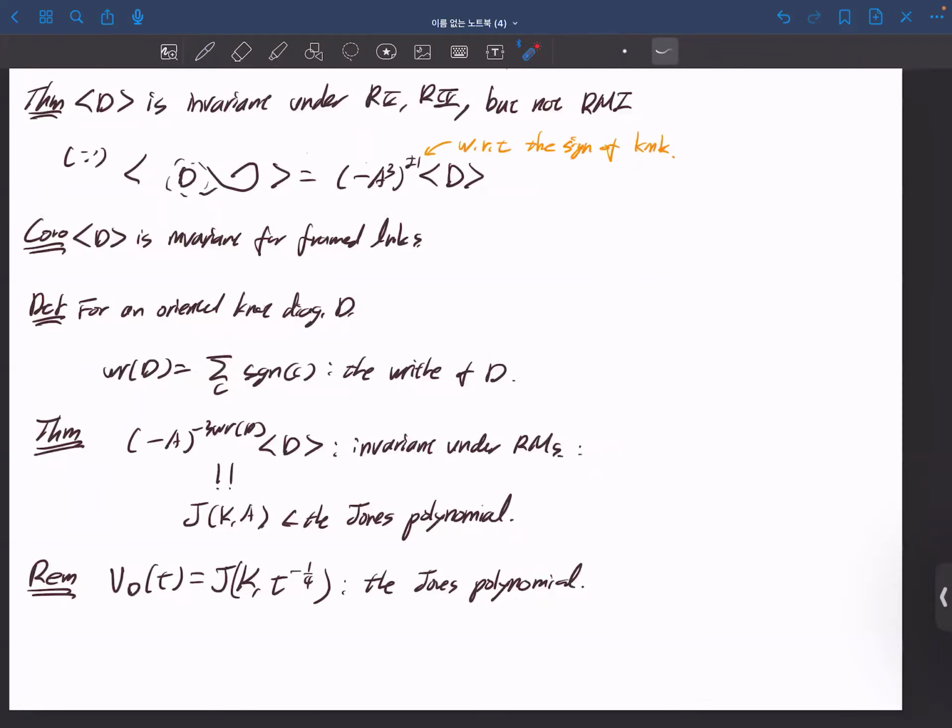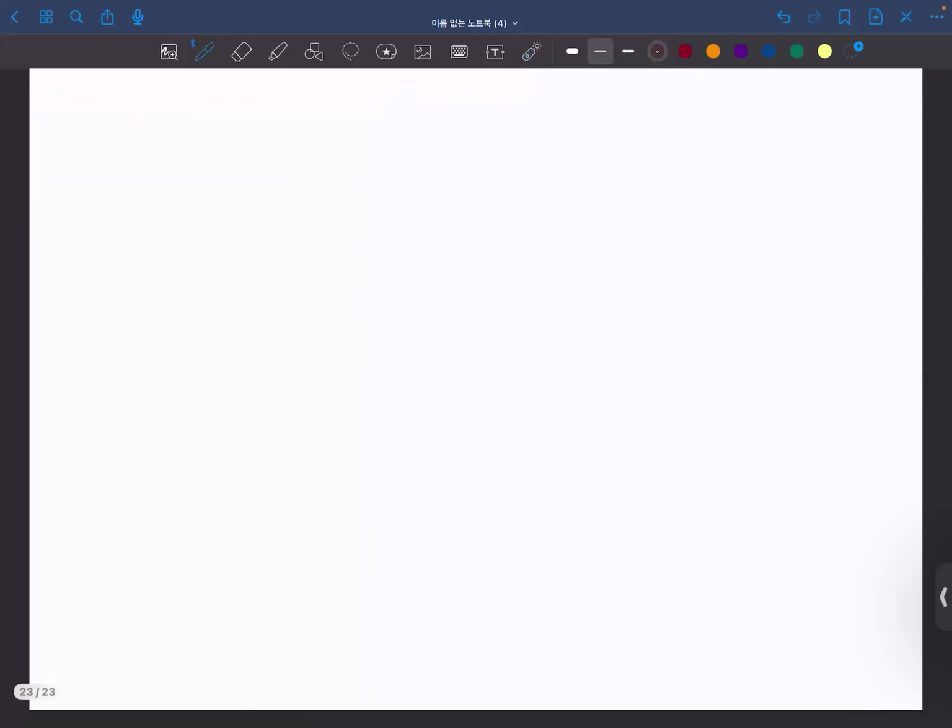After that, there were several generalizations of the Jones polynomial.